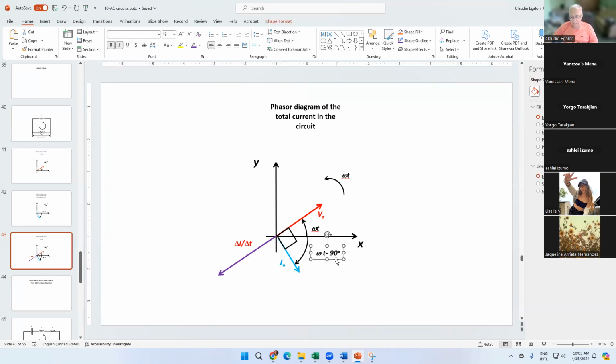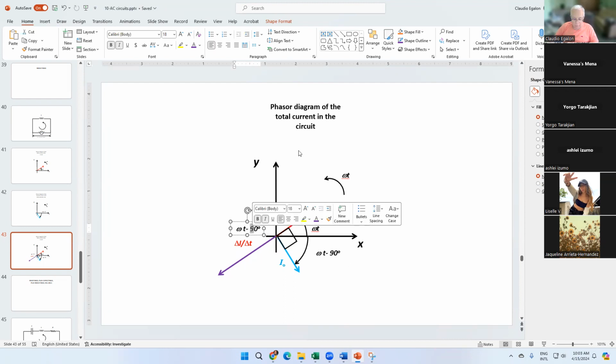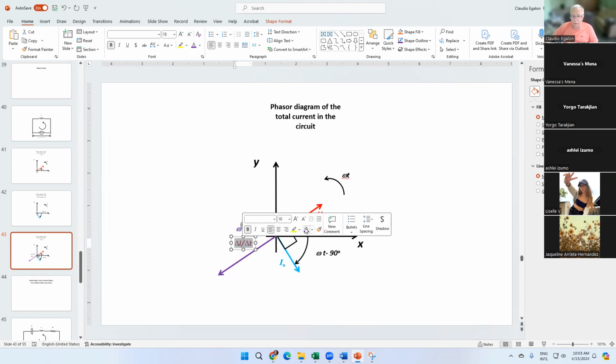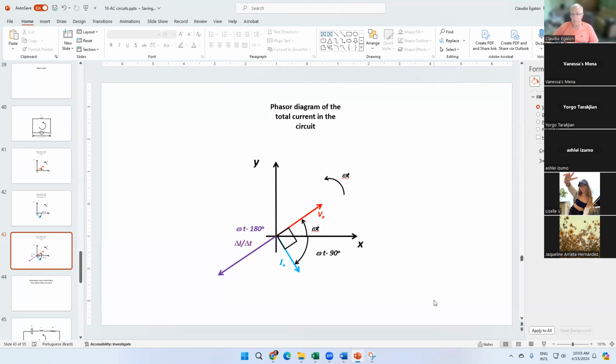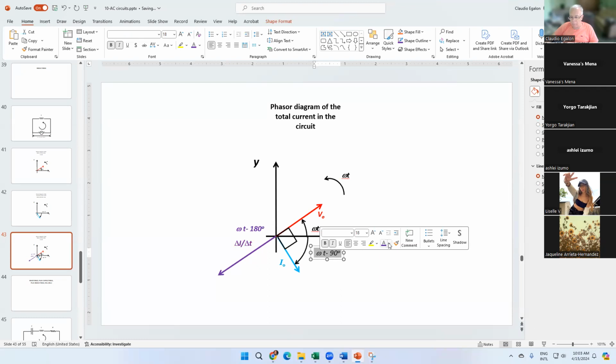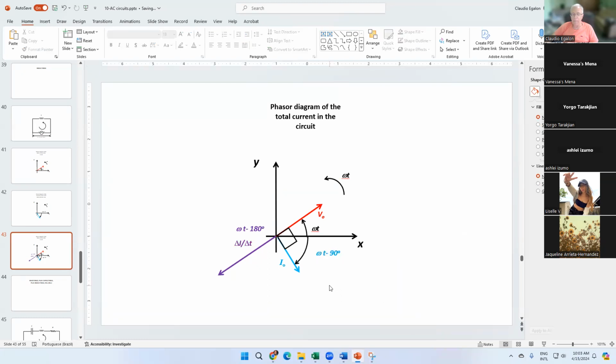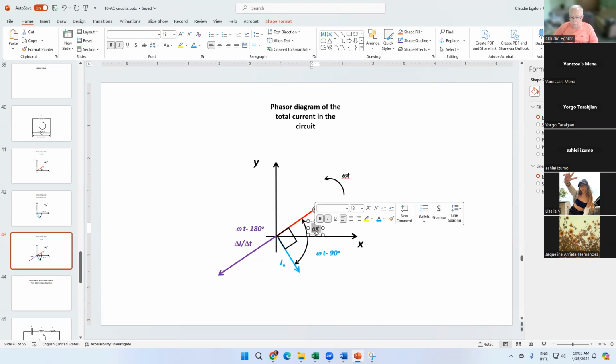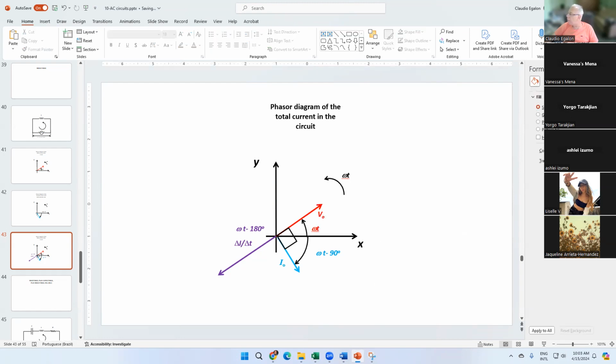Here it's going to be omega t minus 180 degrees. I'll put it in the color of the phasor as well. This one here, I'll put in the color of the phasor. Yeah, better. Let's put this one in the color of the phasor as well, red, right?